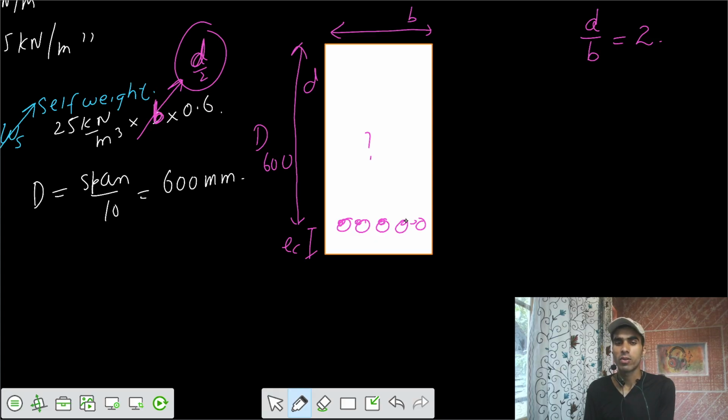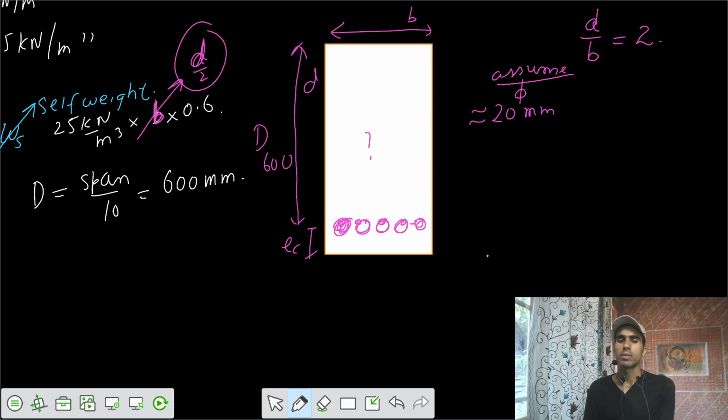So I had to assume some effective cover and some bar also. If I assume a bar of around 20 millimeters diameter, we can vary it later. Let's say a clear cover of 25 and a 16 millimeter bar, we can take any other value as per our convenience.